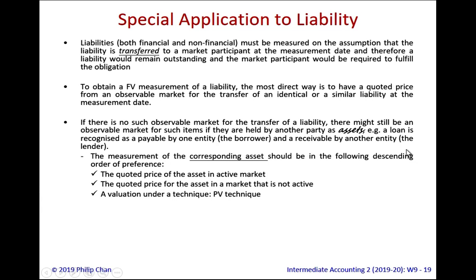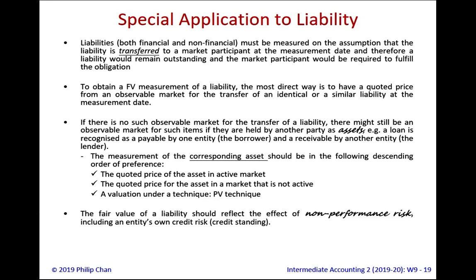So the measurement of the corresponding asset shall be in the following descending order of preference. If a quoted price of an asset is given, then use that one. If not, then use a quoted price in a market that is not active, or finally use the present value technique. The fair value of a liability should reflect the effect of non-performance risk, including any company's own credit risk.